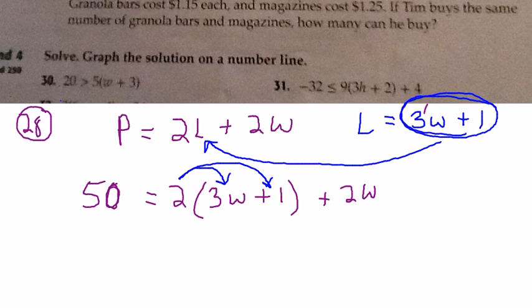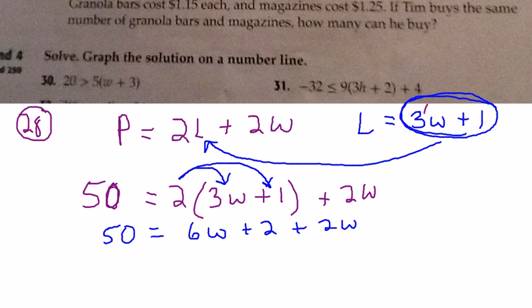So I will multiply 2 times 3W, which gives me 6W. 2 times positive 1 gives me positive 2. And bringing down the rest of my equation, it already looks simpler than it did before.